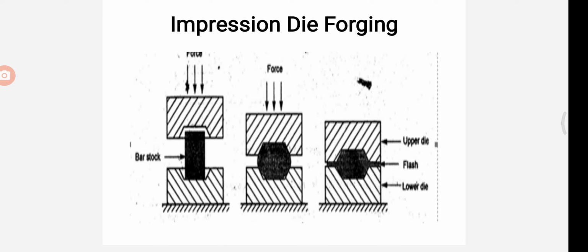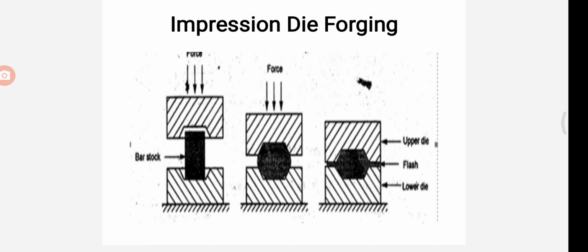The force is applied on the upper part of the die, and the lower part of the die is stationary. When we apply the force on the upper die, what will happen? The bar will change its size or shape. It will undergo deformation. So this is impression die forging.